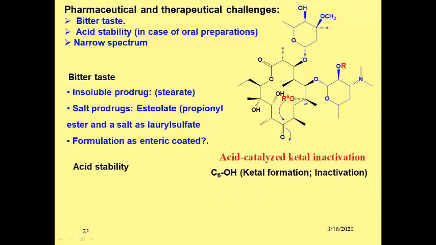The OH group at carbon number 6, again as with tetracycline, and again here with erythromycin, attacks the carbonyl at carbon number 9 to result in a ketal, and this is inactive. How to avoid? Through etherification of the OH at carbon number 6 by methyl ether. So clarithromycin.